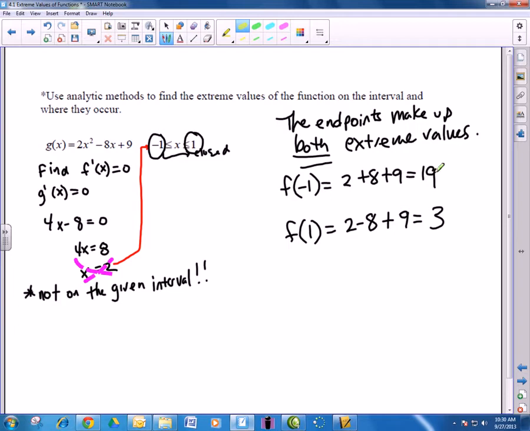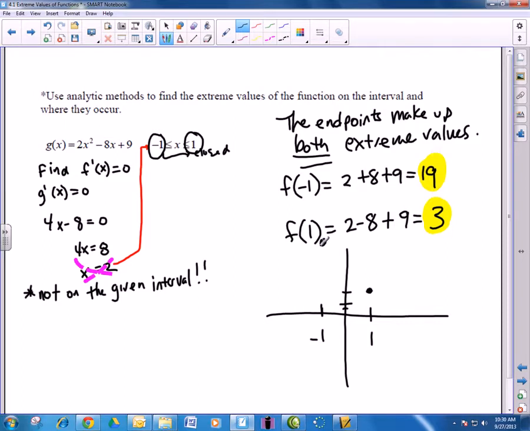So these tell you how high up on your graph. This goes all the way up to y equals 19, and this one goes all the way down to y equals 3. So if we just sketch a graph, -1, 1, we're down here at 3.